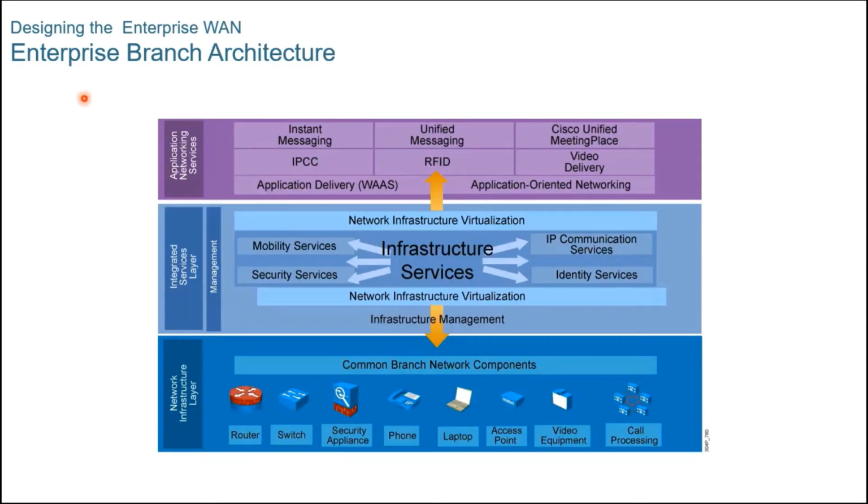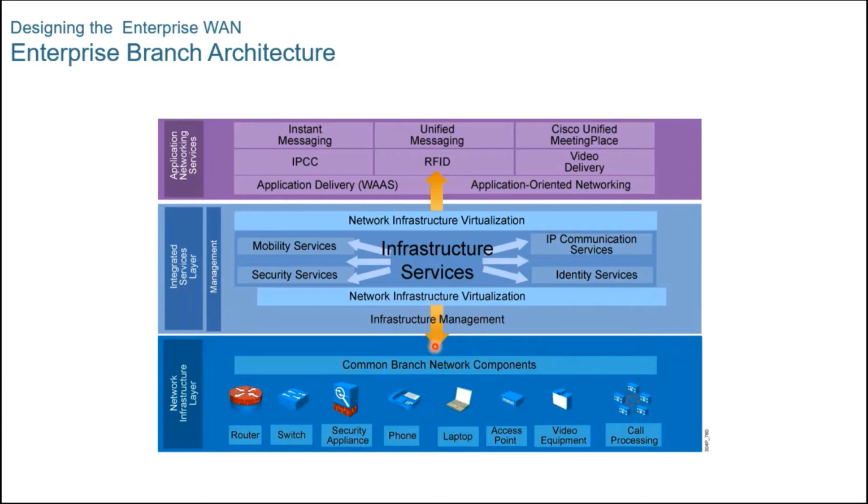Enterprise branch architecture. The Cisco Enterprise branch architecture, illustrated on this diagram, is an integrated, flexible, and secure framework for extending headquarters applications in real time to remote sites. It applies the SONA framework to the smaller scale of a branch location.